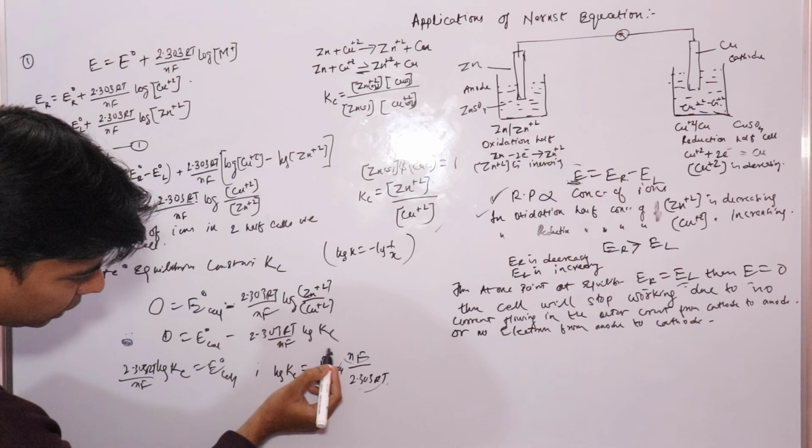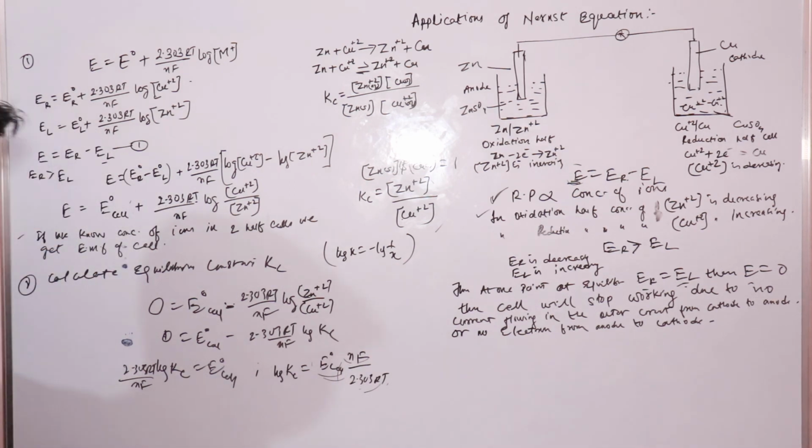So once you know the standard EMF of the cell, from there you can calculate the Kc, which is your equilibrium constant, right? So this is your simple equation to calculate the value of Kc, right?